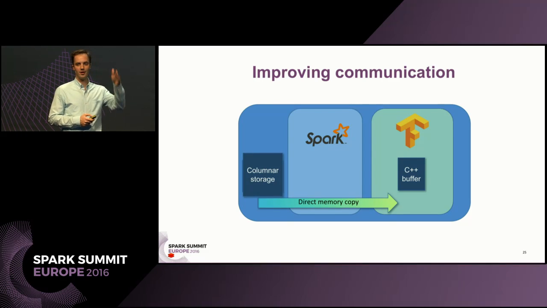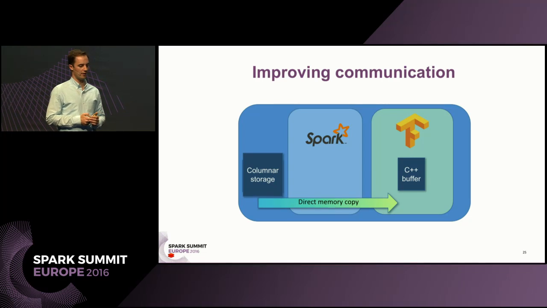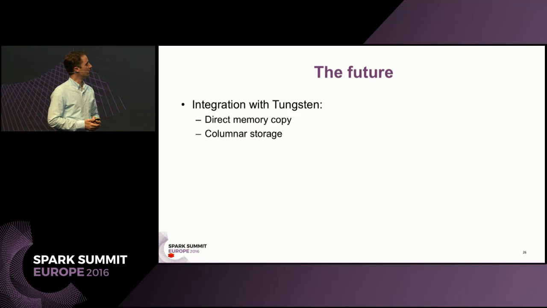You can directly copy all this data to TensorFlow without having to figure out which pieces you want to move around in memory, which can dramatically improve the communication. There are some early prototypes to show the improvements, but they are not ready to be shared yet. So: direct memory copy and columnar storage.